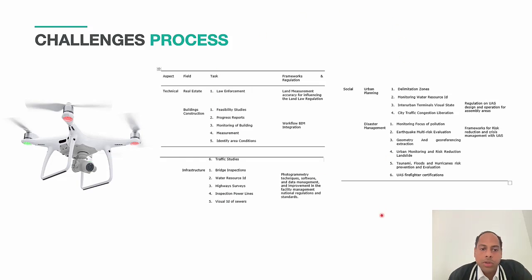So for construction or the built environment, there are 4 regulations that we need to keep in mind, which are related to real estate. To understand the land measurements regulation, if you're going to use the drone for surveys, what is the accuracy that is tolerated to make a land measurement or a legal land measurement?